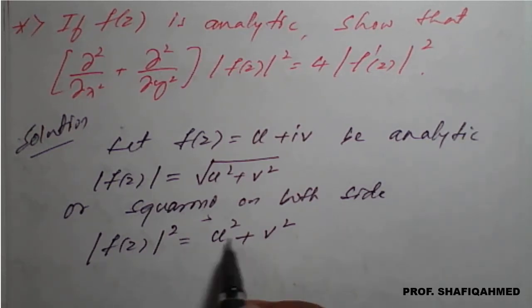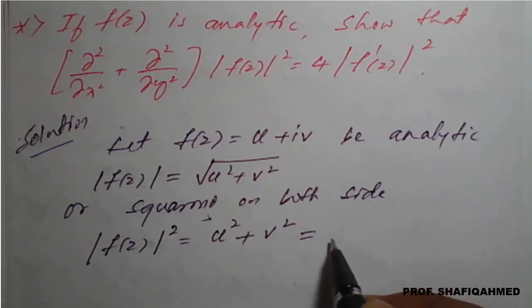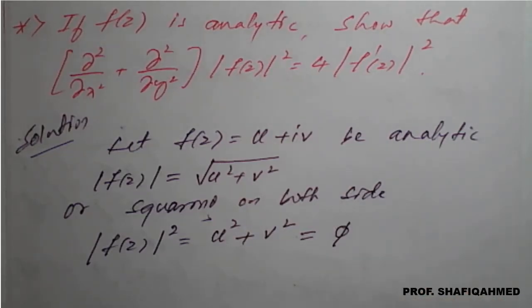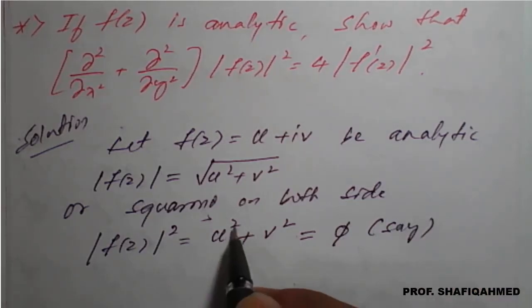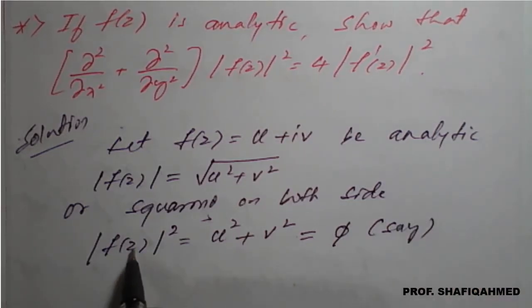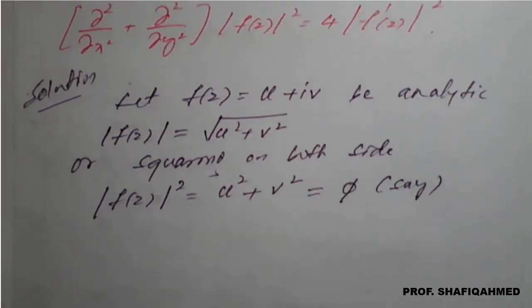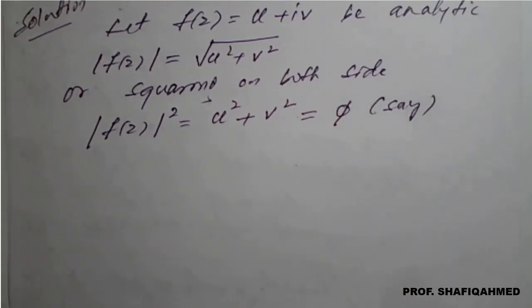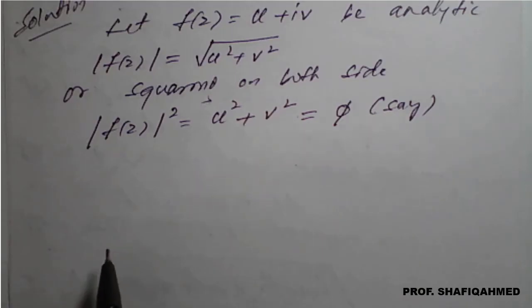Once we get this u² + v², we'll consider it as some function phi. So phi is nothing but u² + v², or |f(z)|² is also phi here. Whenever required, we'll use u² + v² equal to phi.